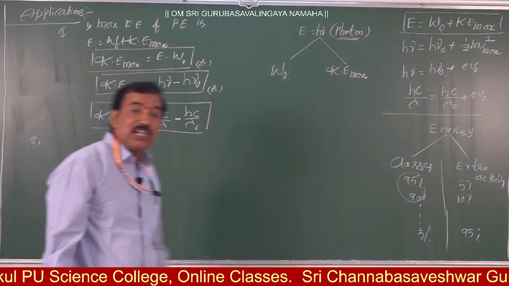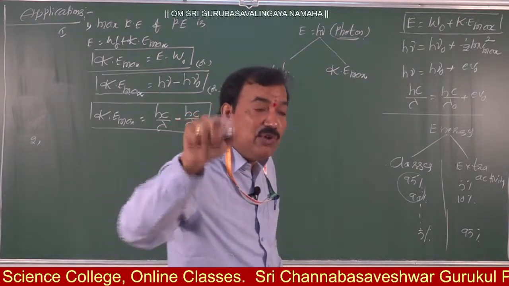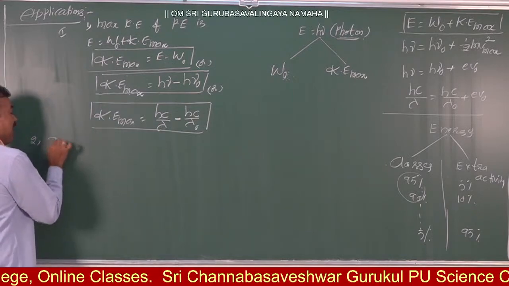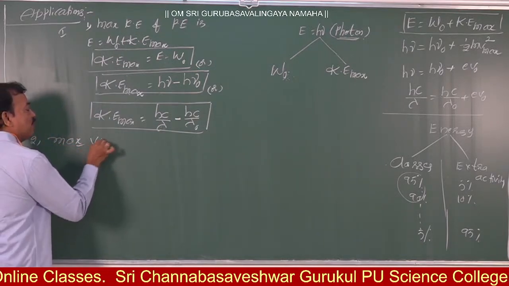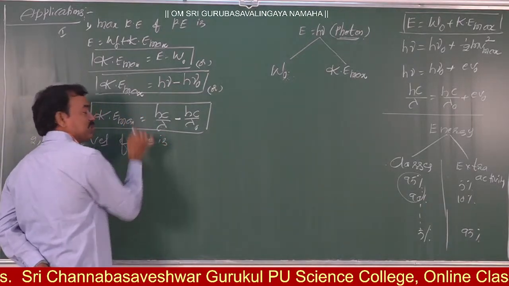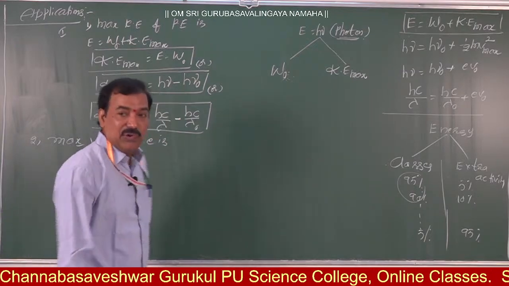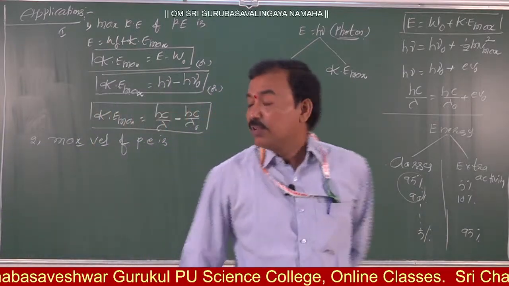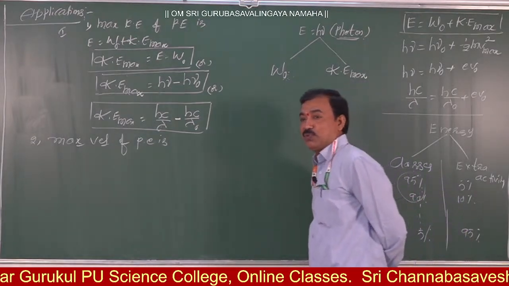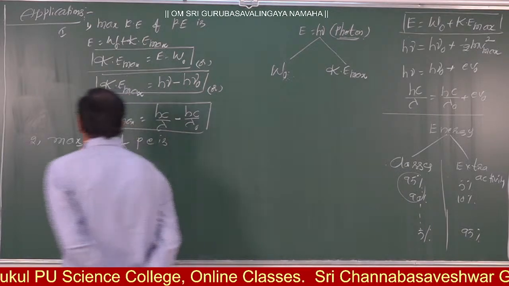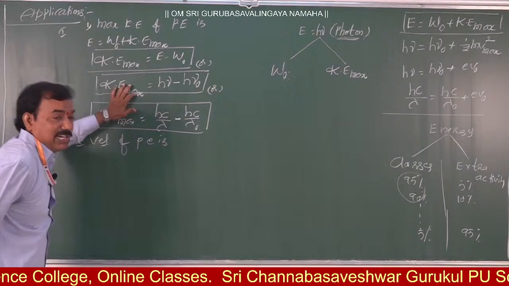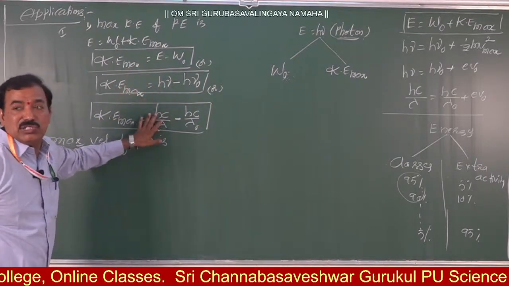What is the maximum velocity of the emitted photoelectrons? Note the second point here: the maximum velocity of the photoelectron. PE means photoelectron; we have to write the complete name. You can use any equation: Ke max first equation, second equation, third equation, depending upon the question.